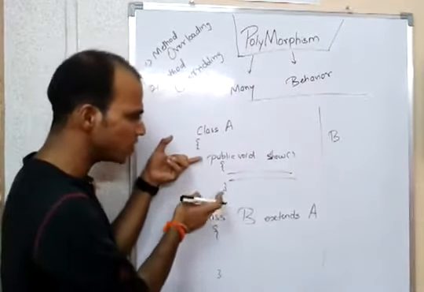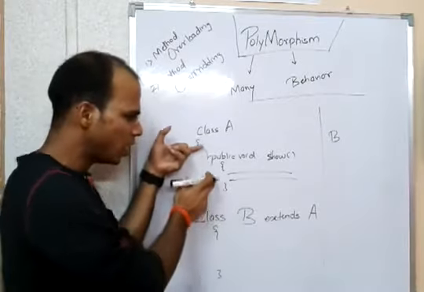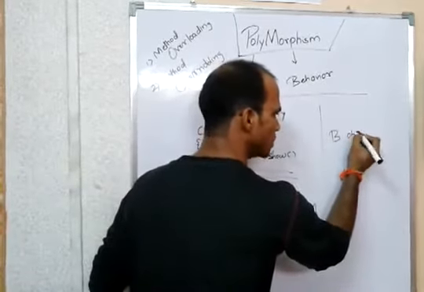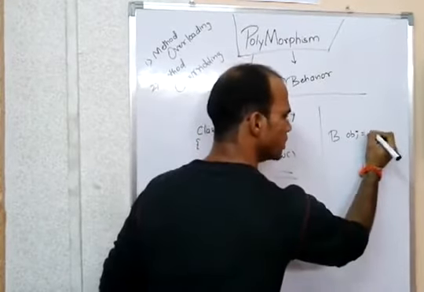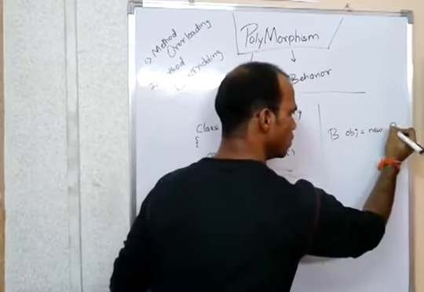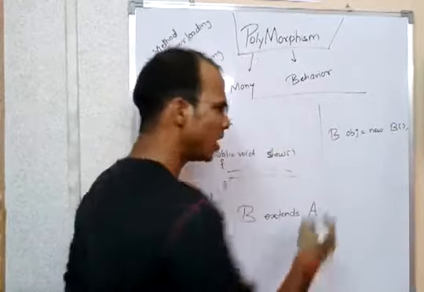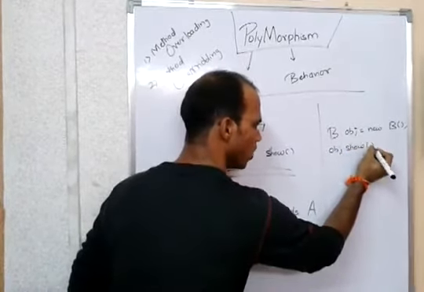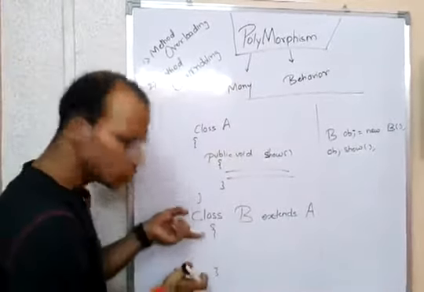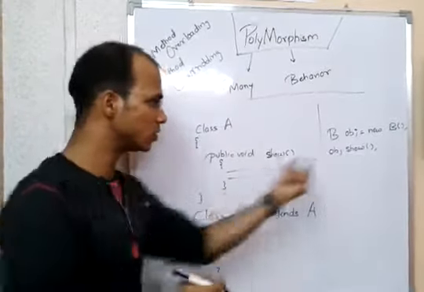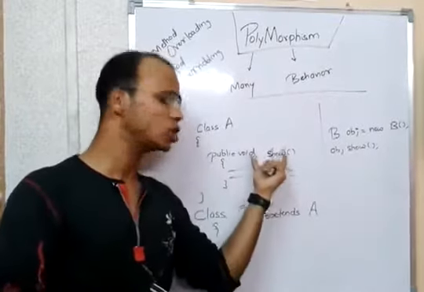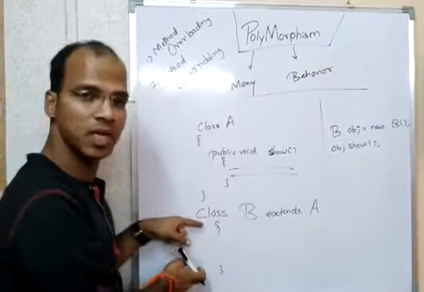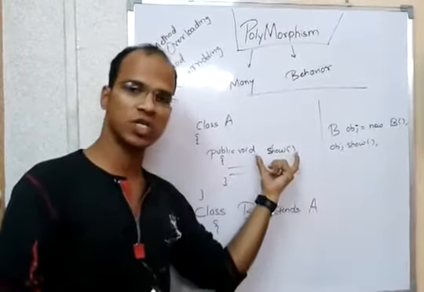Now everything which belongs to class A now belongs to class B. If I create an object of B here as B obj equals new B, when I call obj dot show, class B doesn't have any method, but this statement will call show because everything which is in A now belongs to B. So indirectly this will call this function.